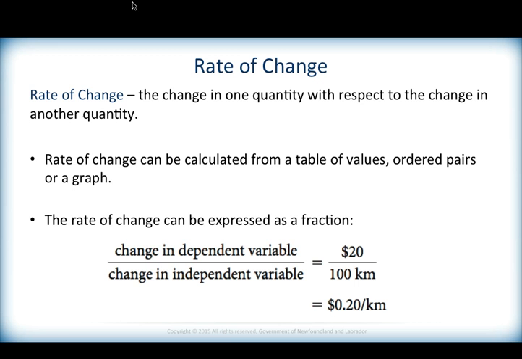And in our case, with the time, the distance, and the cost, we are looking at a dependent variable change of $20, and a change in independent variable of positive 100. And we saw that from the table of values, ordered pairs, and the graph. So once we calculate that, we get 0.20, so 20 cents per kilometer.